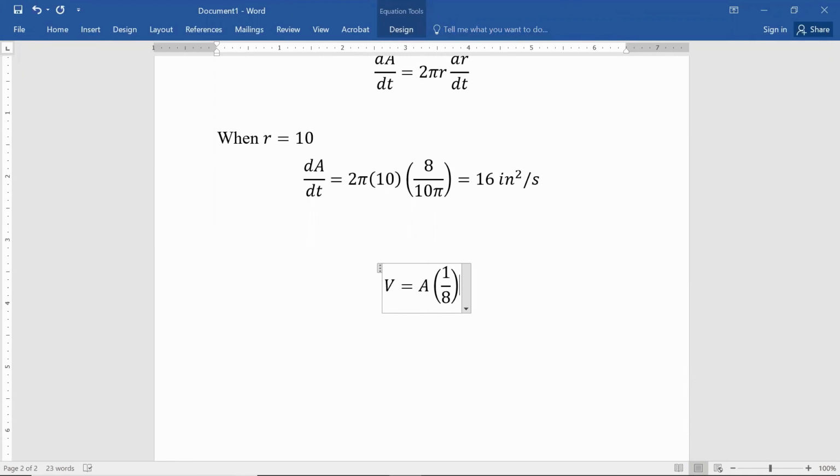And then I could have taken a derivative of this: derivative of volume with respect to time equals 1/8 times the derivative of the area with respect to time. And what we said was that the change in volume with respect to time was 2 cubic inches per second.